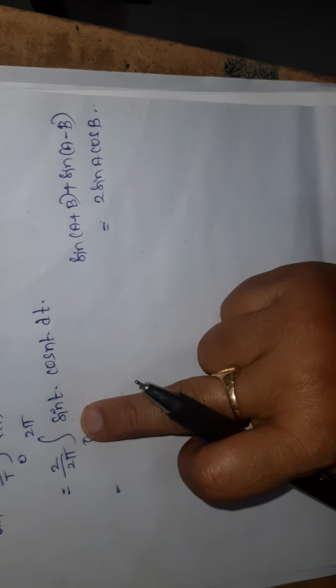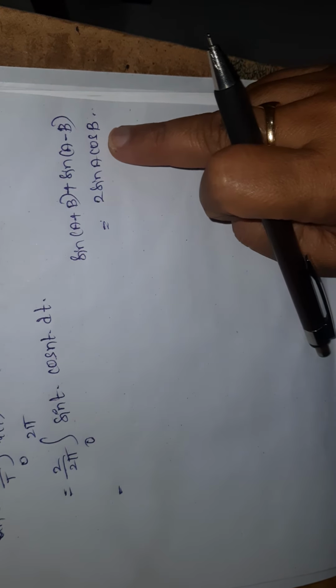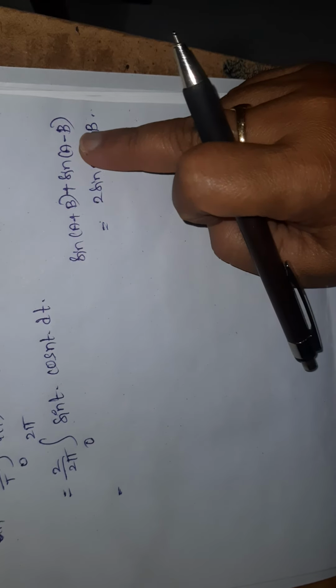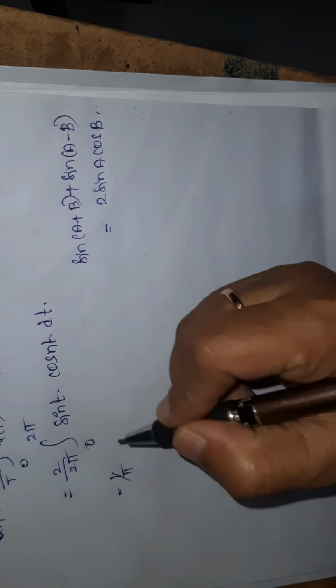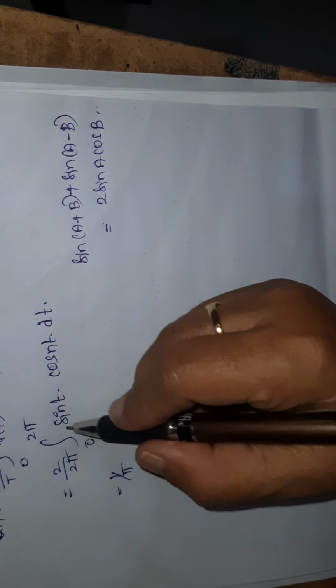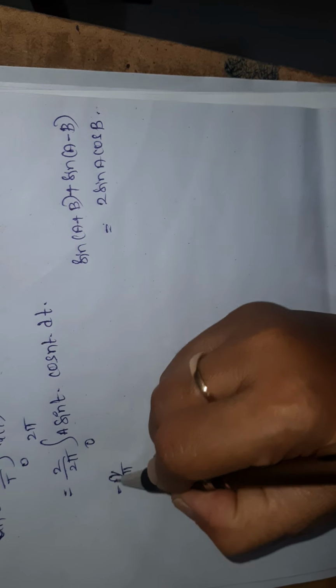So we are having here sin a cos b, which is equal to sin of a plus b plus sin of a minus b, divided by 2. So here I will get 1 by pi, and since x of t has magnitude a, I will get a by pi.